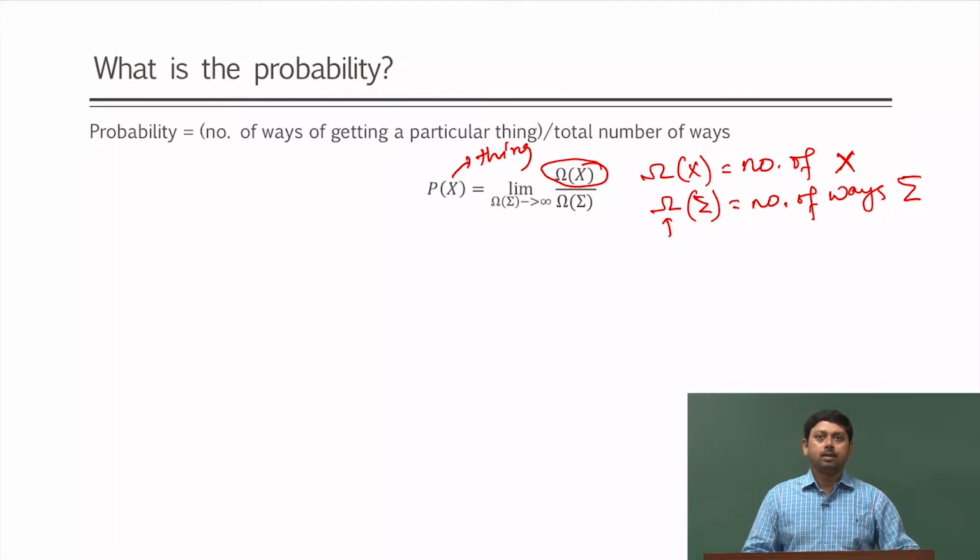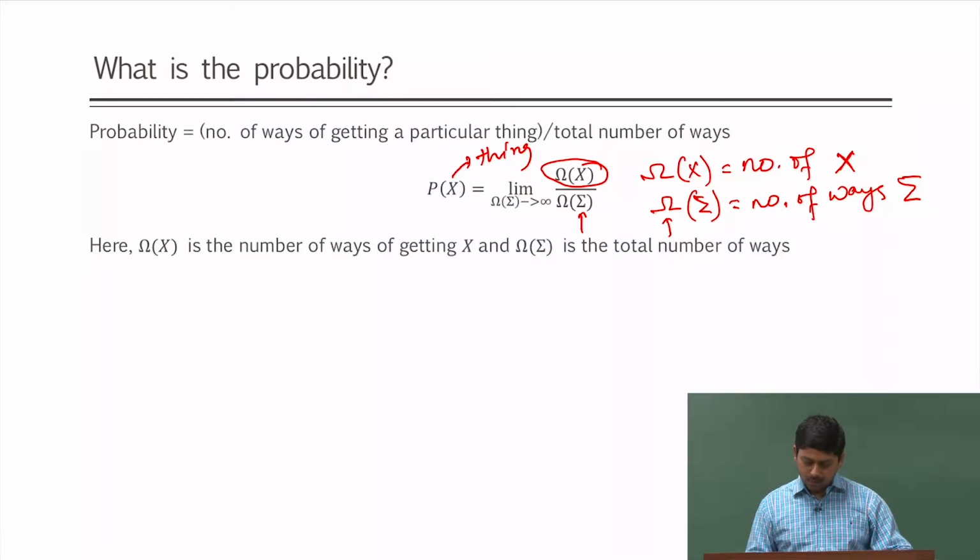These all possibilities are called the probability space or sample space. So, as we mentioned here, this is the number of ways of getting x and this is the total number of ways.